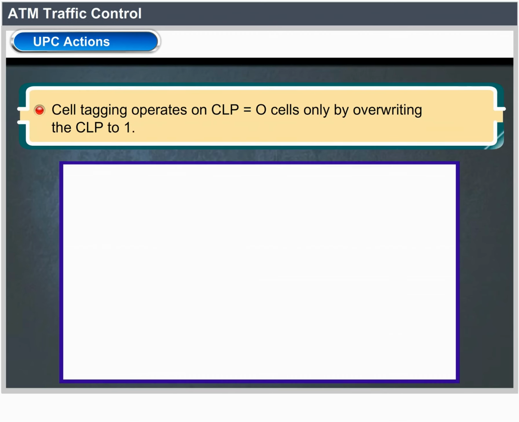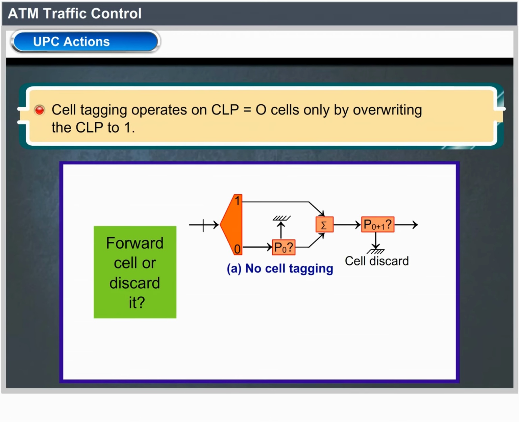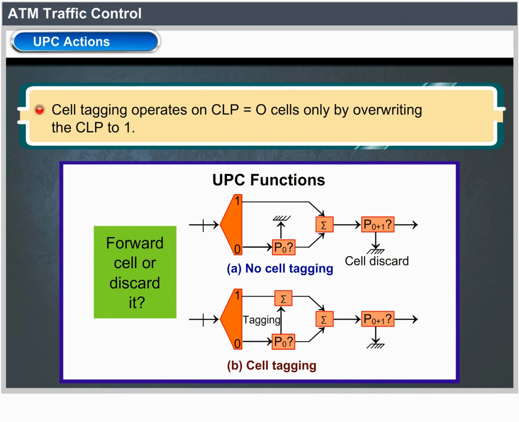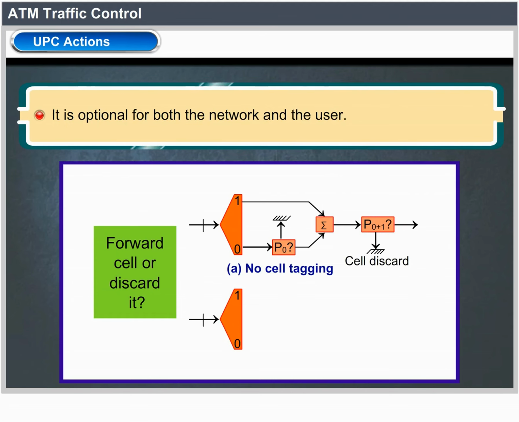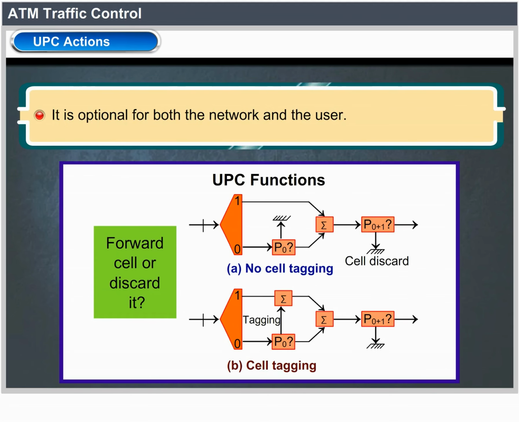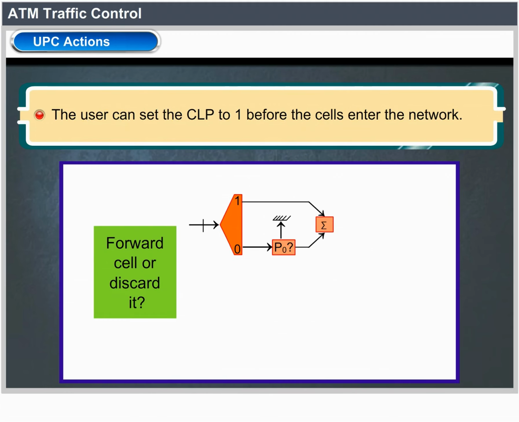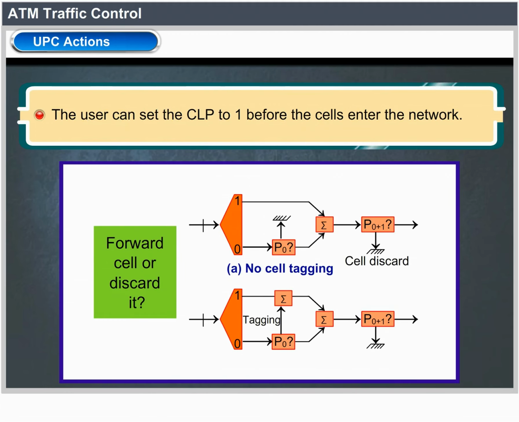Cell tagging operates on CLP equal to 0 cells only by overwriting the CLP to 1. It is optional for both the network and the user. The user can set the CLP to 1 before the cells enter the network.